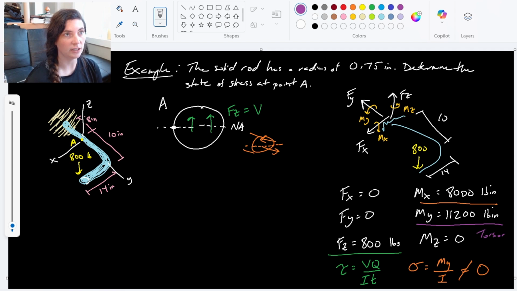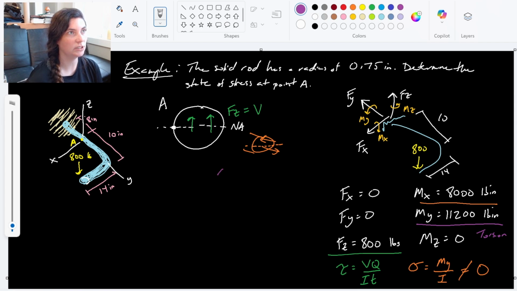So this is actually a torsion in this case, right? It's being twisted. You can imagine it kind of looks like a little Allen key. Imagine twisting that Allen key. It's under torsion. You're applying 800 pounds of force onto that Allen key. So this My is actually a torsion.